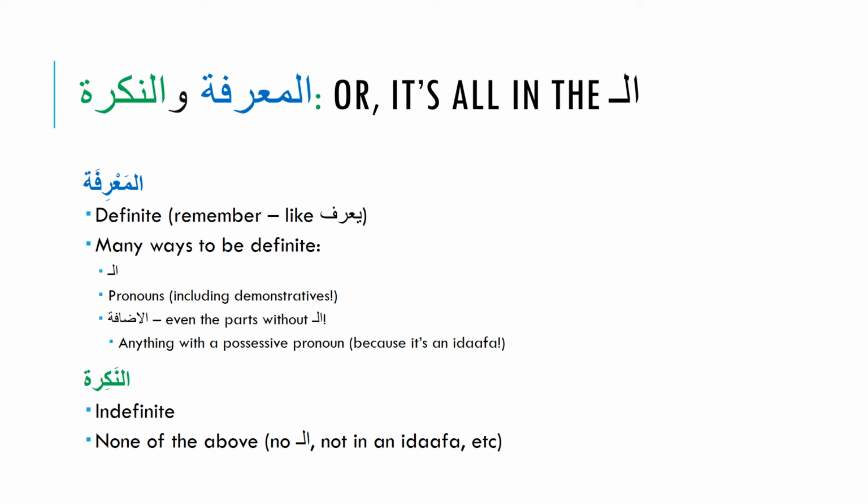Remember too that anything with a possessive pronoun is definite because it's a kind of idafa, right? Ismi really means the name of me, and that's a kind of idafa. The nekira means indefinite, and basically it's anything that doesn't have one of the above properties, right? There's no alif lam, it's not an idafa, it's just a word without any extra stuff on it.